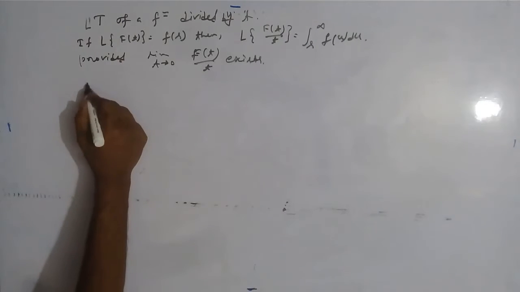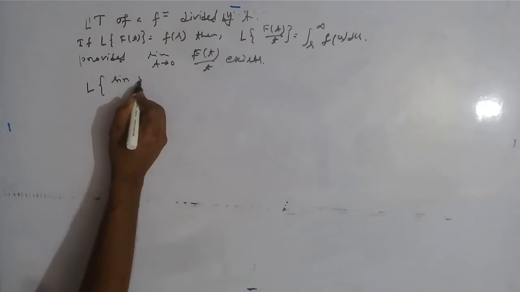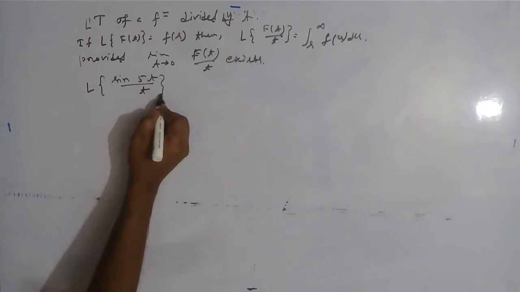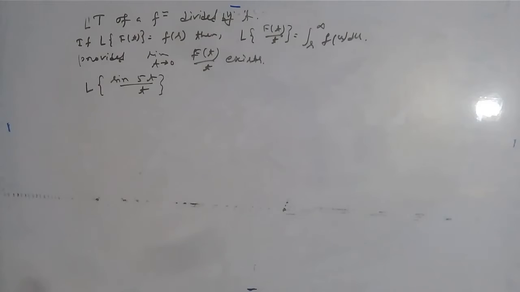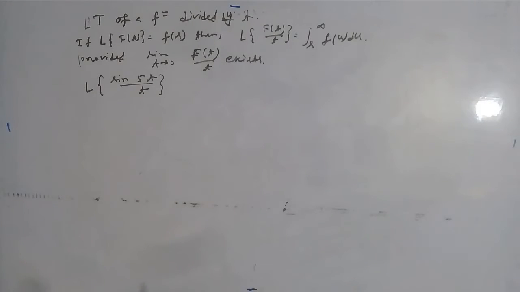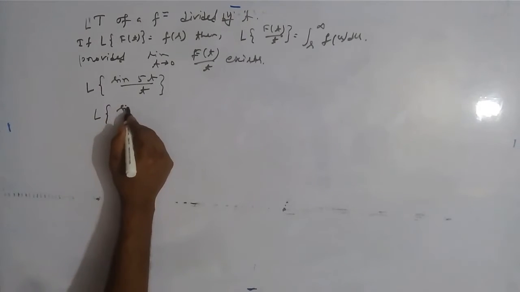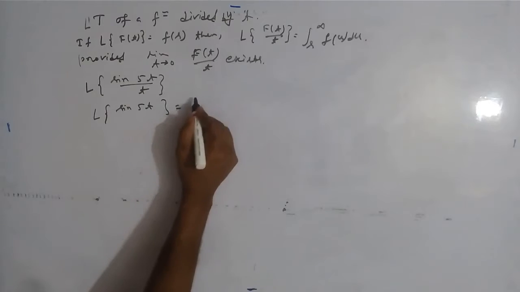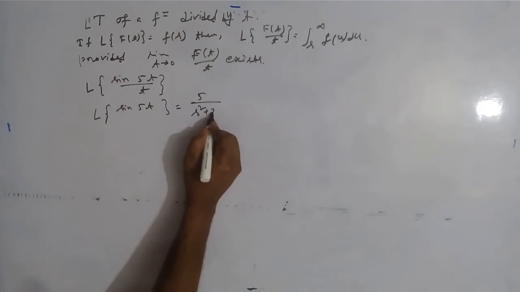So we'll take an example of this property. Let's find L of sin 5t by t. First we have to find L of sin 5t, and we know L of sin 5t is 5 by s square plus 25.